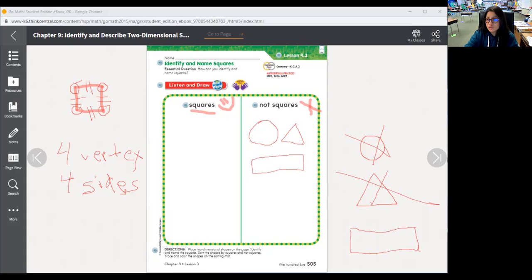Oh, so it has 2 sides that are long, right? So no. And what does the square have? Are all the sides the same or different on the square? The sides are same. That's right. They are the same. So that's what makes it different. And this is not a square. Thank you, Maggie.